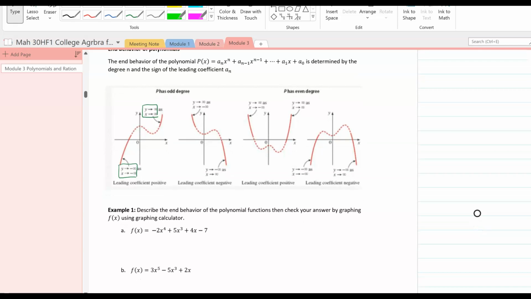Okay. So we have the function here, f of x equals negative 2x to the fourth plus 5x to the third plus 4x minus 7. Note that the leading coefficient is negative 2, that is negative.